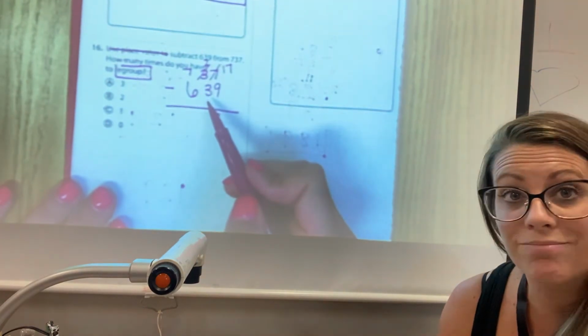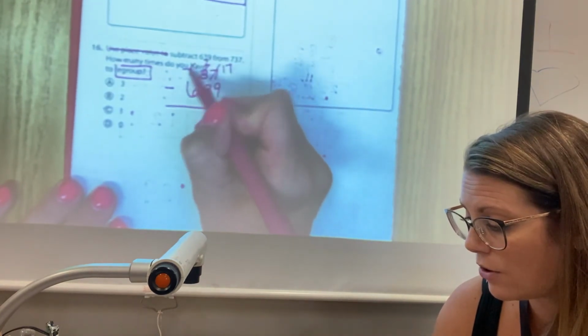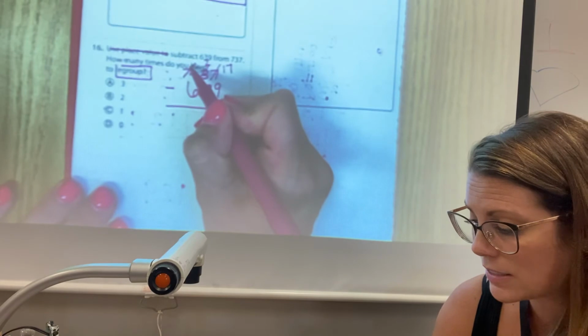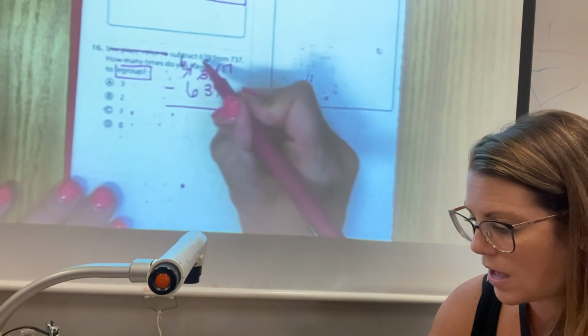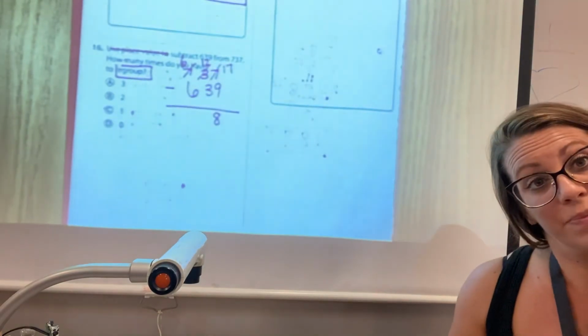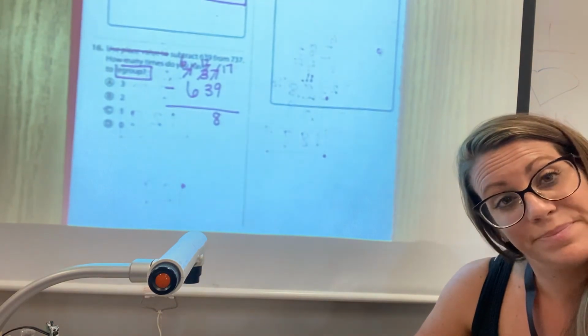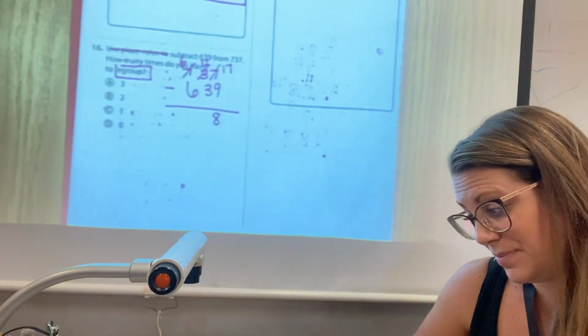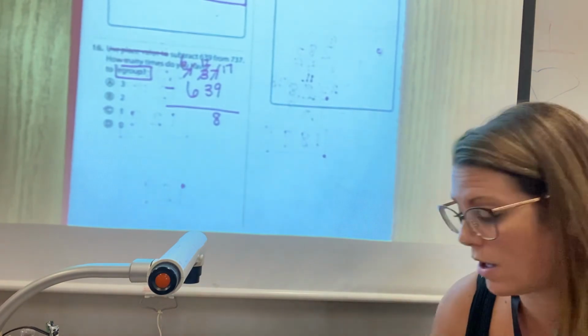And then we have 2 minus 3. Can we do that? There's more on the floor. So we have to regroup again and go next door. The 7 turns into a 6. And the 2 turns into a 12. Okay, so we have 12 minus 3. 9, 10, 11, 12, right?